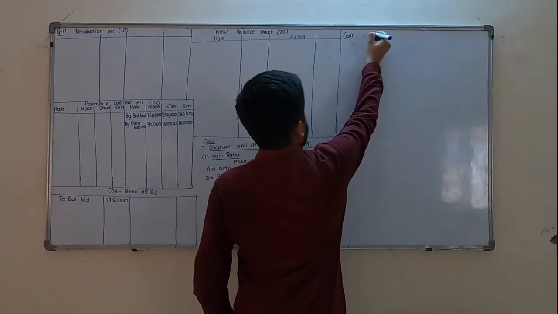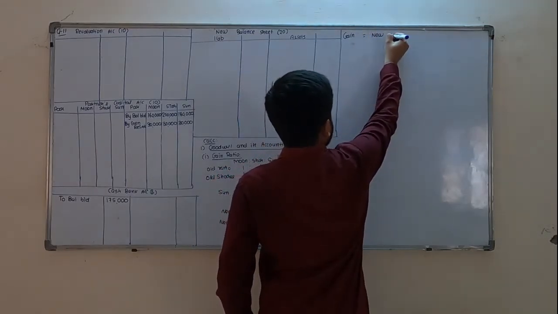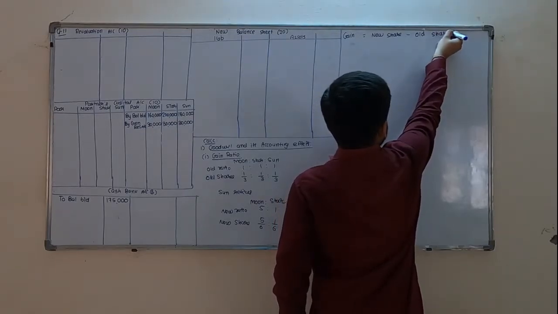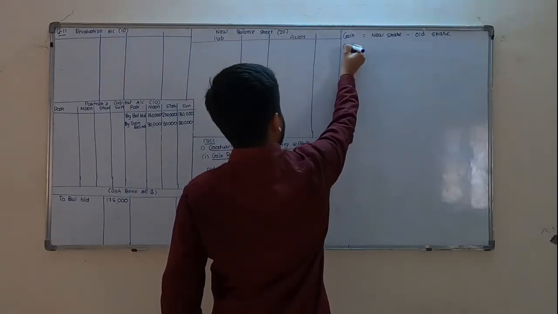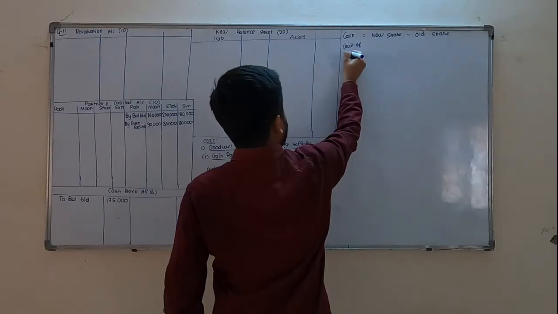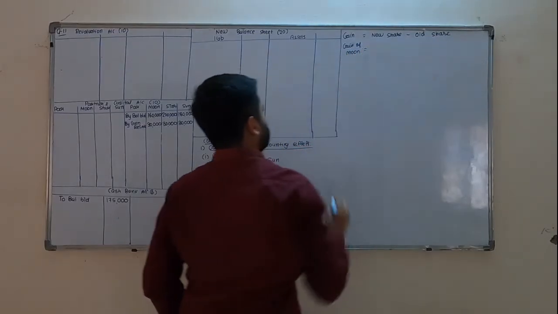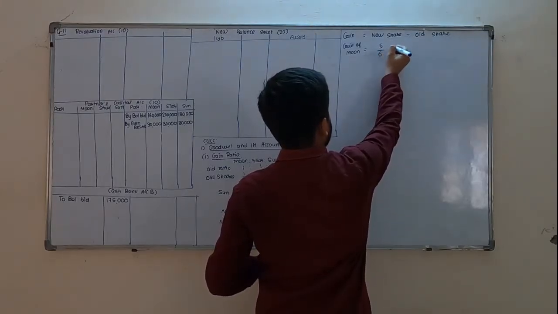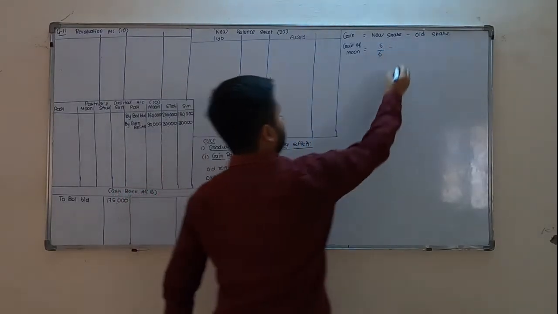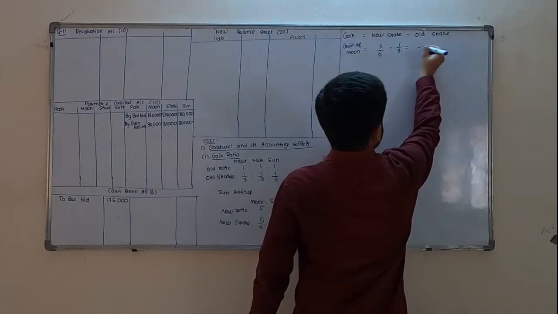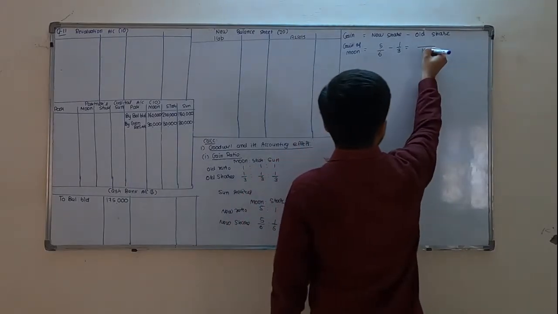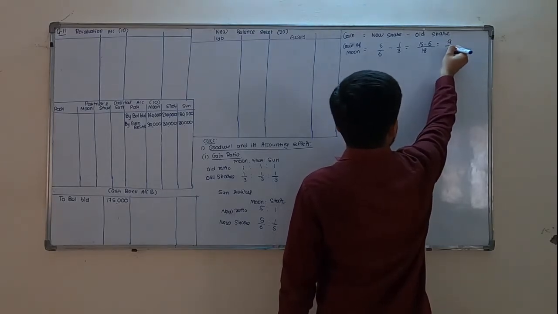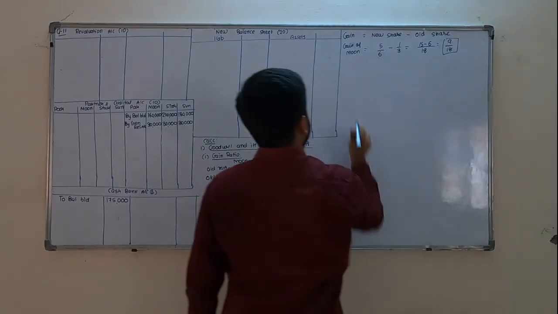Now gain is equal to new share minus old share. Gain of Moon, new share 5/6, old share 1/3. So 6 3s are 18, 5 3s are 15, 6 1s are 6, 9/18.